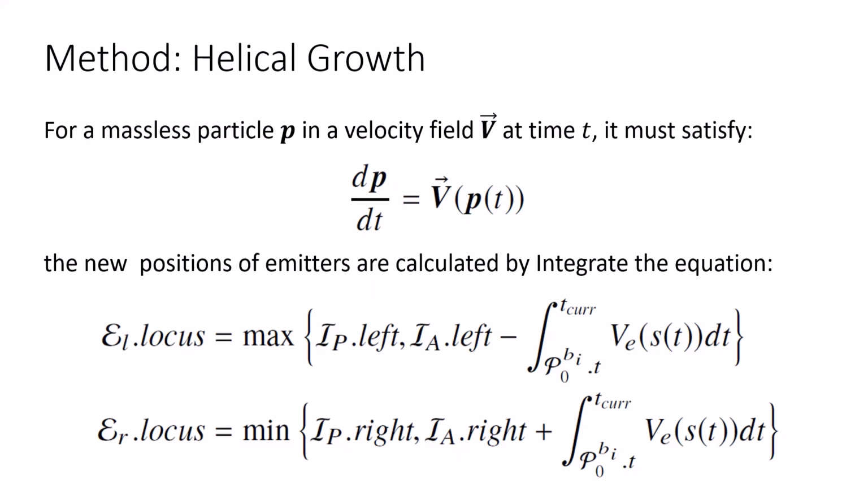And the equation below is the integrated result for the emitter's one-dimensional curvilinear coordinate on the cross-section. We can get a similar formula for particles. In our implementation, we use the Runge-Kutta fourth-order method to integrate the time derivative to get the position of the emitters or particles at a given time.